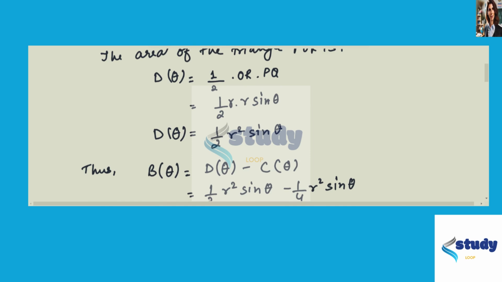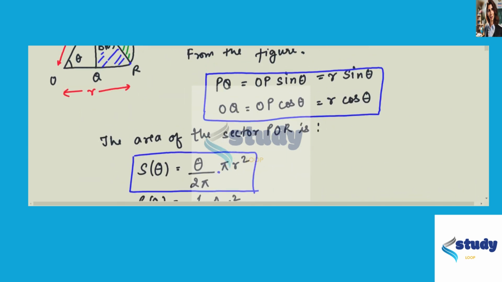So here we will get half into r sin theta. This will give us the area half into r square sin theta. Now for B theta, we will just subtract B theta.